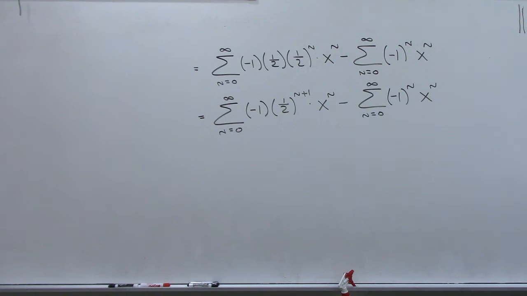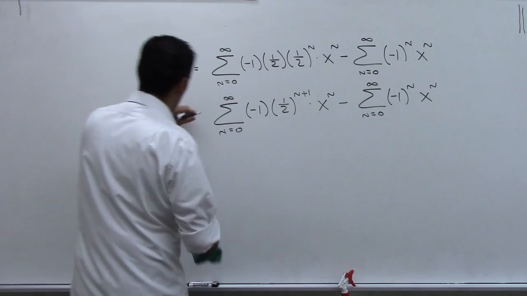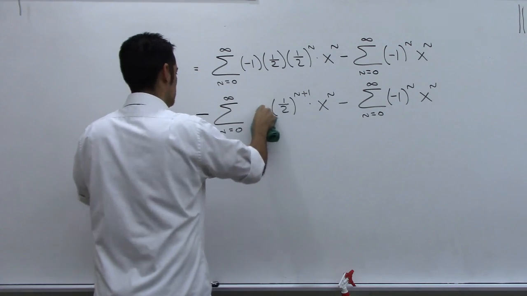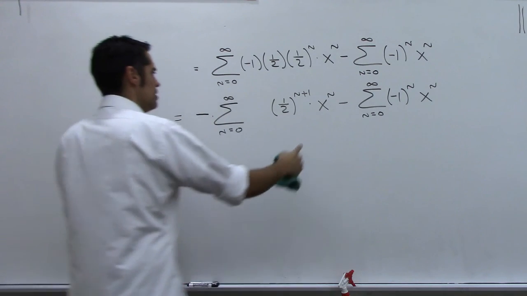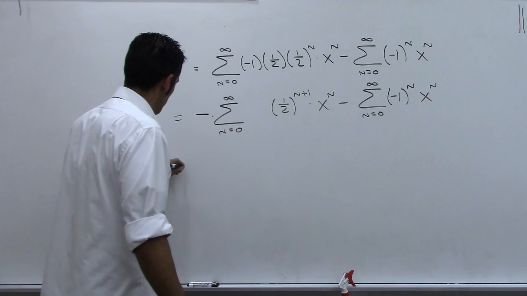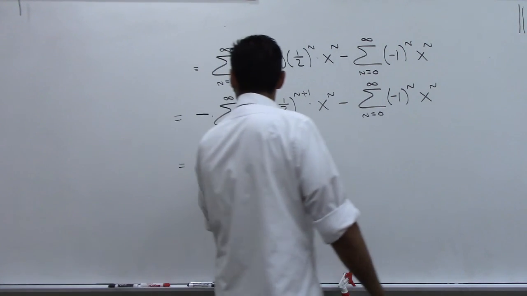All right. I think I'll do something else here. This negative 1, I'm going to take it out and make it a negative out here, like this. So that's a negative 1 out front. And since these both have negatives in them, I'm going to factor negative 1 out of both. So this is really negative 1 times this sum.